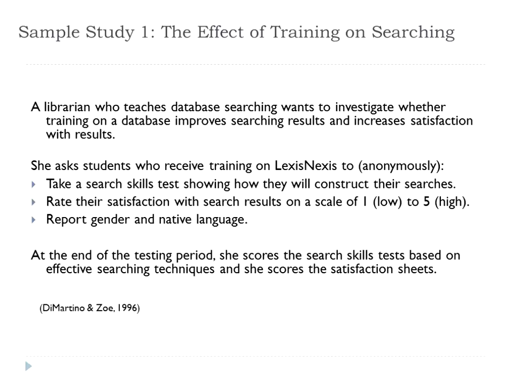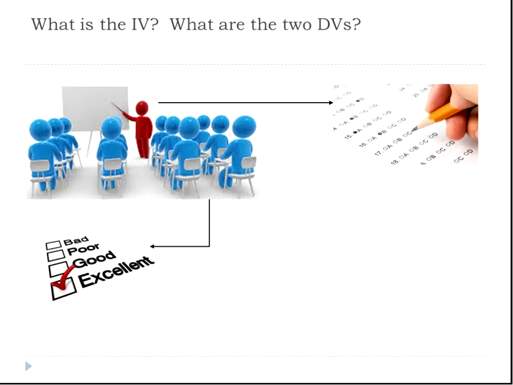At the end of the testing period, she scored the search skills test based on effective searching techniques, and she scored their satisfaction sheets using that Likert scale of 1 to 5. There were actually 2 librarians who made their claim to fame on this study, Diane DiMartino and Lucinda Zoe. So I've credited them with this. I'm basing this on what they really did.